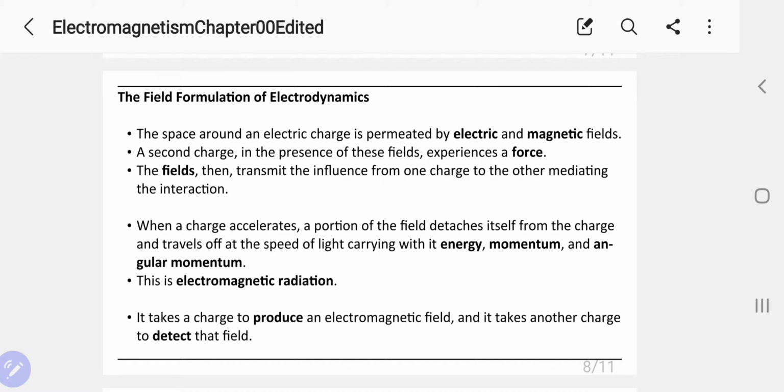Field formulation of electrodynamics. Conventionally, if you can imagine it, the space around an electric charge is permeated by electric and magnetic fields. You have a steady charge. It will radiate or absorb fields.